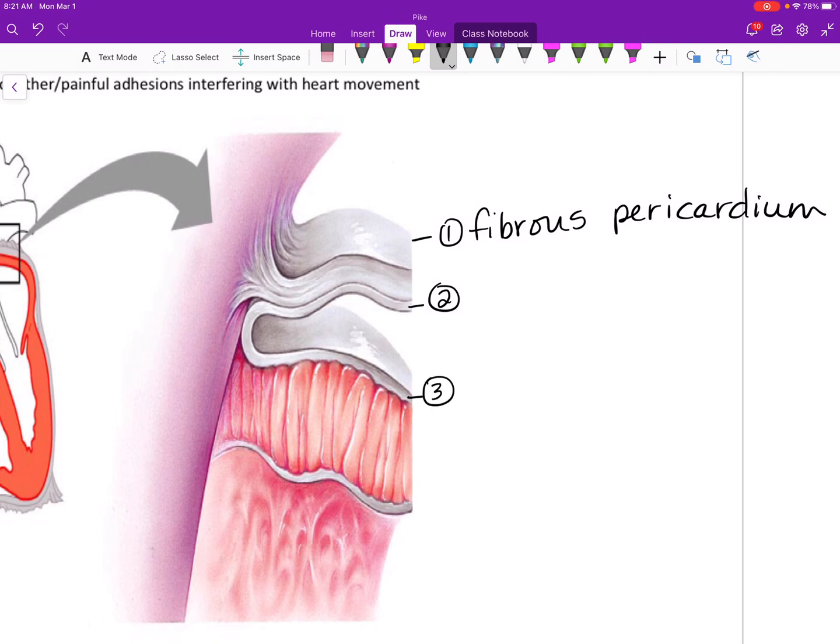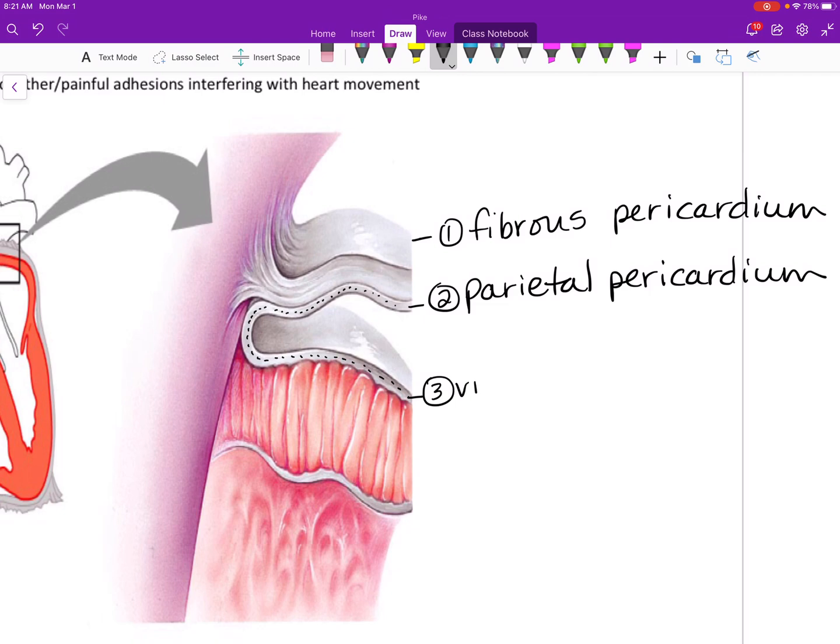Now, remember, I'm going to put a dotted line. If you remember when we did this, yes, it was Unit 2, so that was a long time ago, right? The serous pericardium is really one layer that's folded over, kind of like a tortilla when you make a taco, right? But the outermost layer has a different name than the innermost layer. The outermost layer is the parietal layer. And so here, since it's around the heart, is the parietal pericardium.